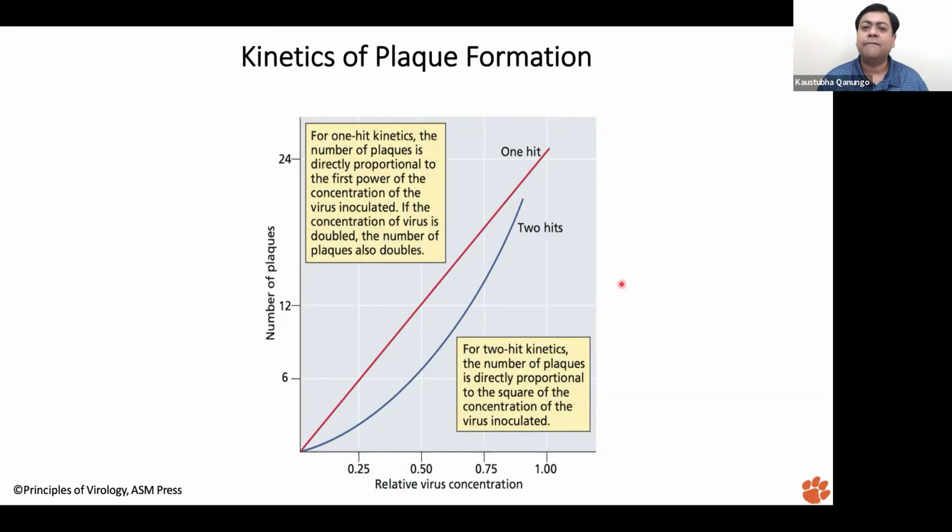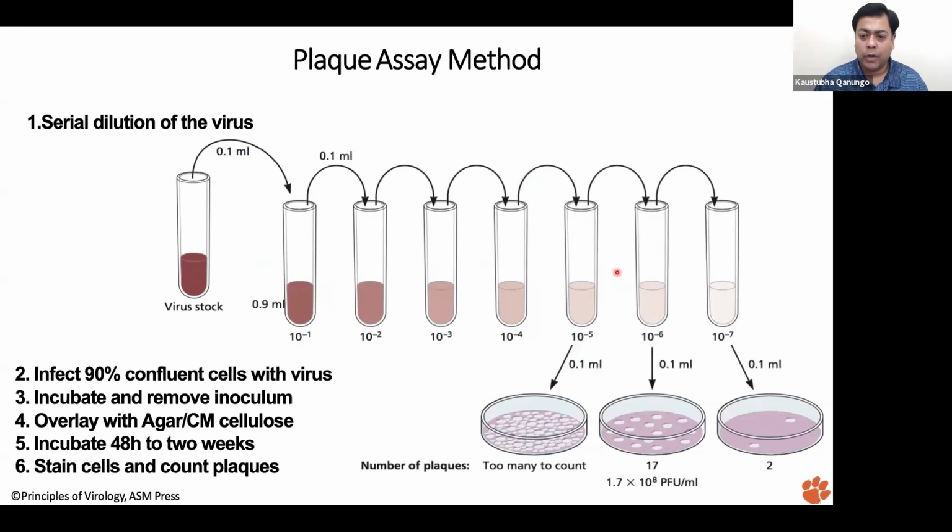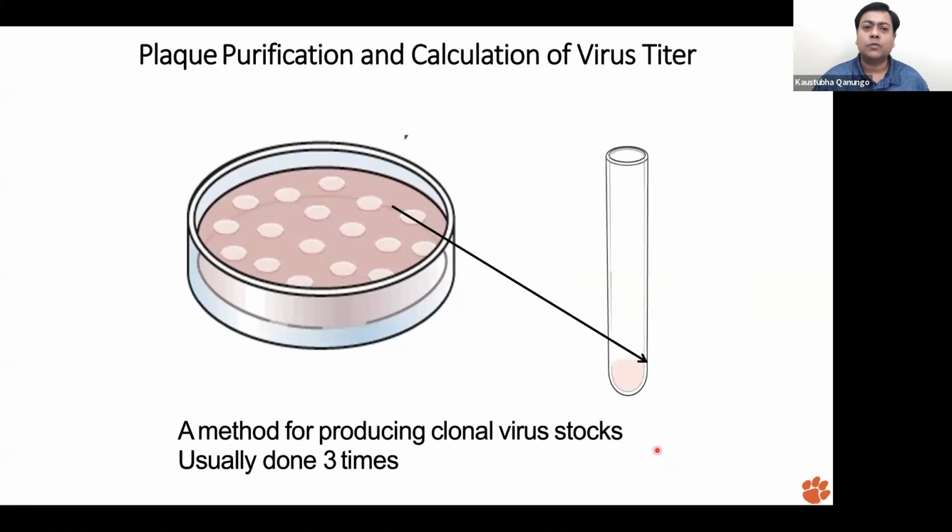The second advantage of the plaque, what you are seeing, is that for most purposes we assume one virus infects a cell and produces one plaque, in all theoretical respects. To do this, we also do what is called a plaque purification.